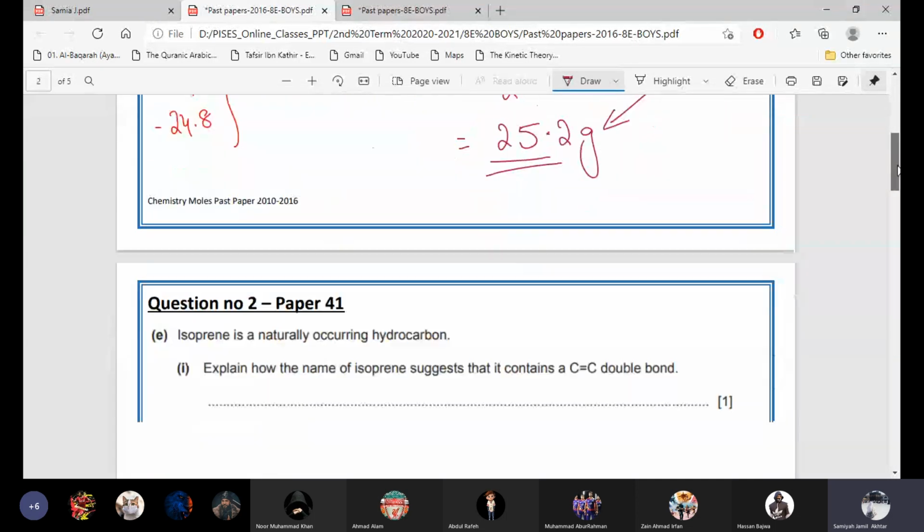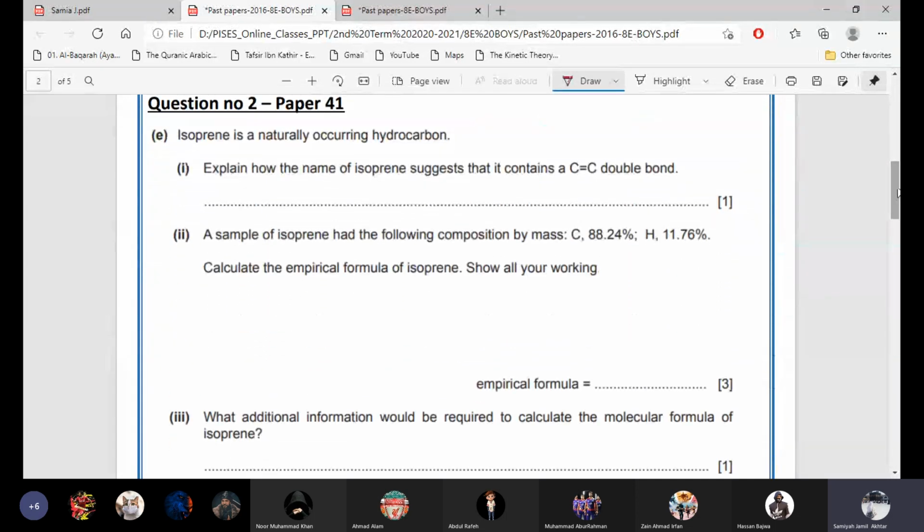Okay, next question: isoprene is a naturally occurring hydrocarbon. Explain how the name of isoprene suggests that it contains a carbon-carbon double bond. Very easy question. Isoprene, how is the name suggesting that it contains a double bond?